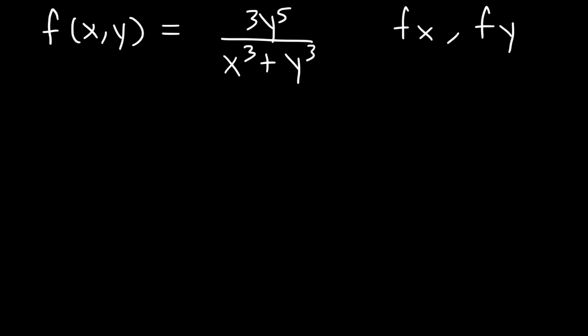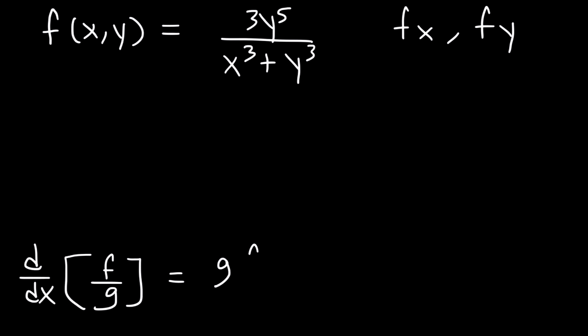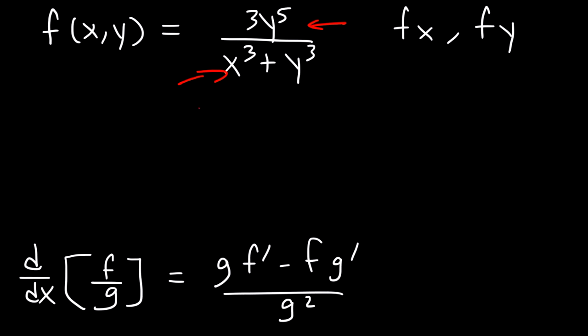If you recall, let's say if we wish to differentiate f divided by g, where f and g are both functions that contain variables. It's going to be g f prime minus f g prime over g squared. Now, when differentiating with respect to x, 3y to the fifth is a constant, and x cubed is a variable.